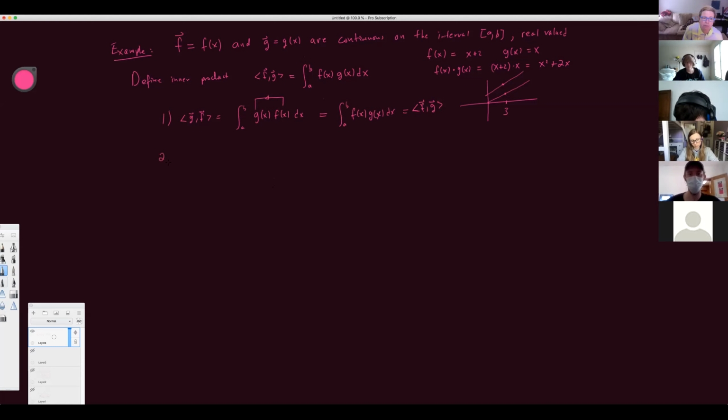Number 2. So if you say I have G plus W inner product with F, then I'm going to have the integral from A to B of G of X plus W of X times F of X dx.